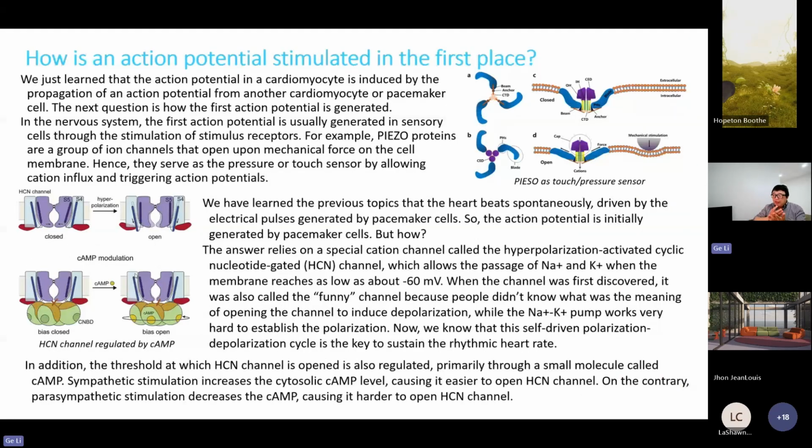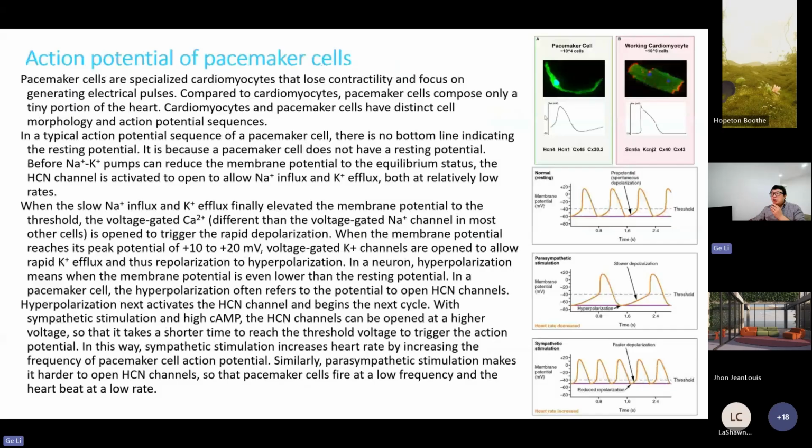In the heart, there are special cardiomyocytes called pacemaker cells. Their major function is to generate the action potential. This is where the action potential is first generated. But these cells are not neuron cells.